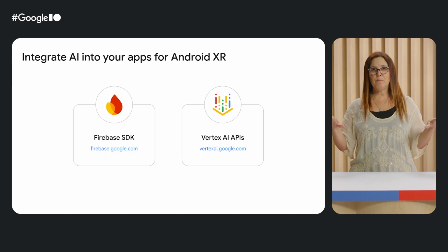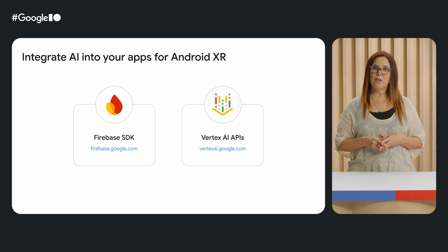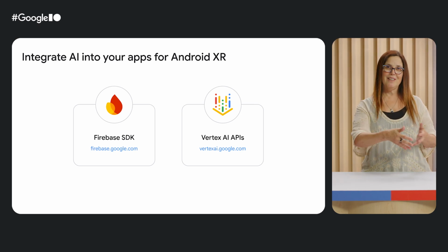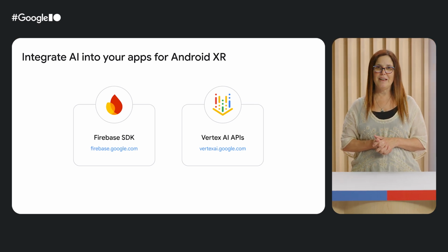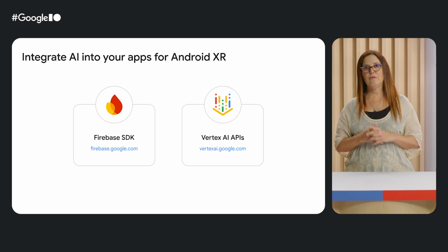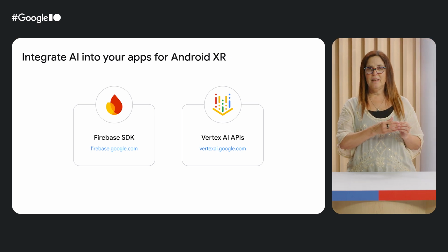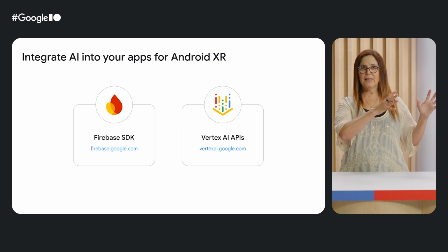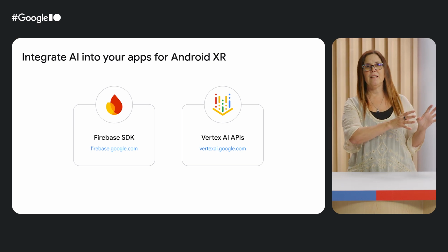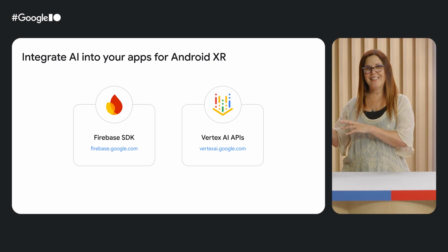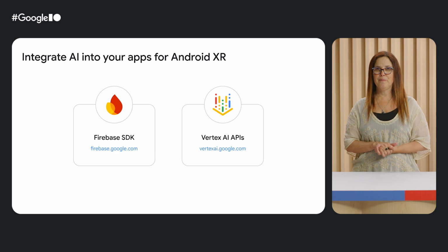You have different options to start leveraging the power of generative AI directly in your Android XR applications today. You can use Vertex AI in Firebase, which offers both an Android SDK in general availability and a new Unity SDK that is in public preview.